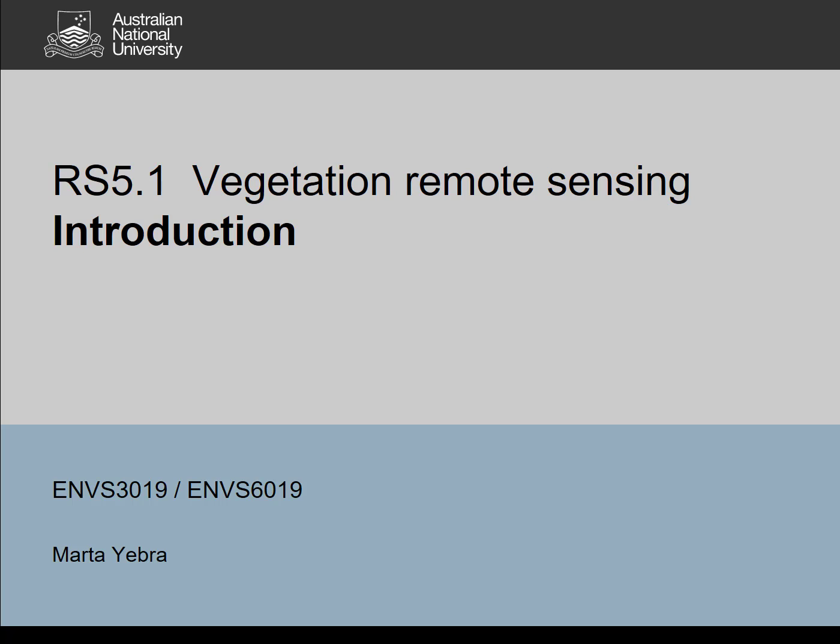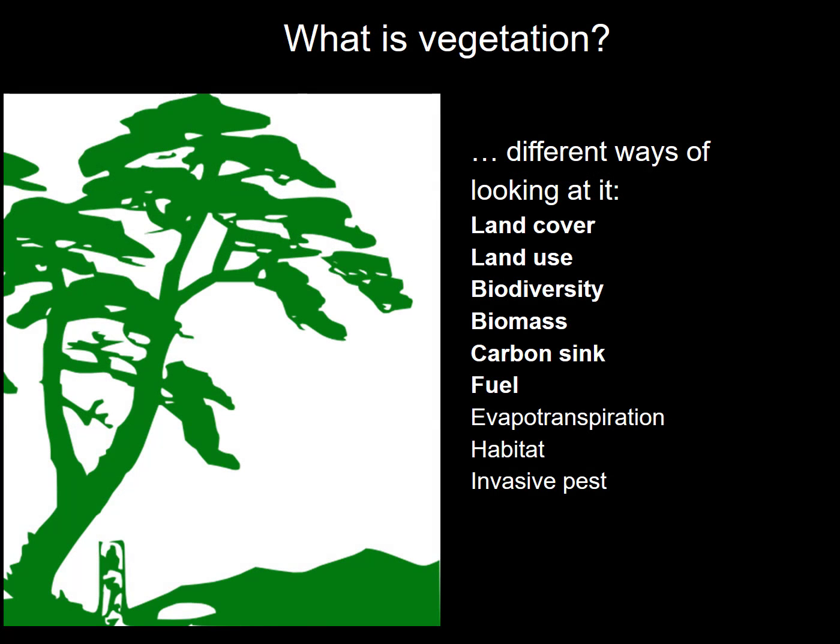But before going into the applications with this short video, I would like to introduce some key concepts briefly. If you ask different remote sensing scientists what vegetation is for them, you may have different responses because vegetation can be looked at in many different ways depending on the research field and the final application of the remote sensing vegetation product.